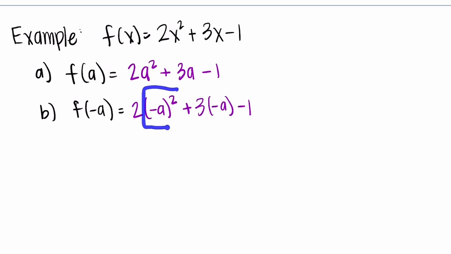Don't be like my 9th graders. We want to square this first and then multiply by 2. So this is going to be 2 times a positive a squared. This a doesn't have an exponent of 1, so it's going to stay negative, so that'll be minus 3a and then minus 1. Okay. So these two, nothing too crazy.